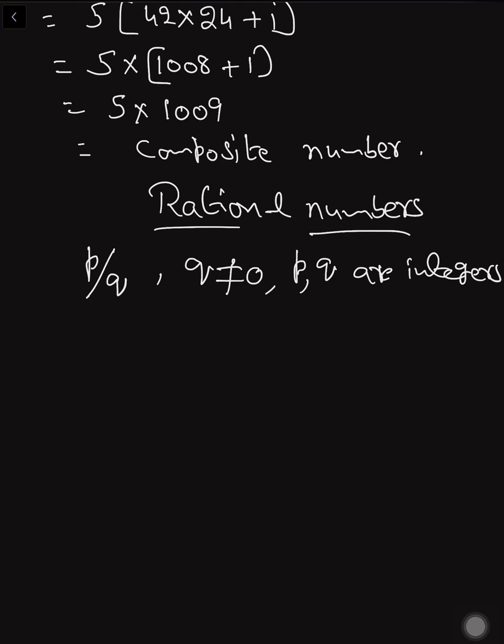Now, based on the prime factorization of Q, rational numbers are converted into terminating decimals and non-terminating decimals.